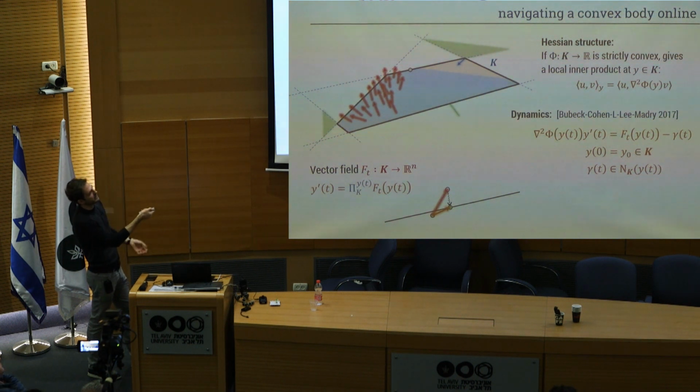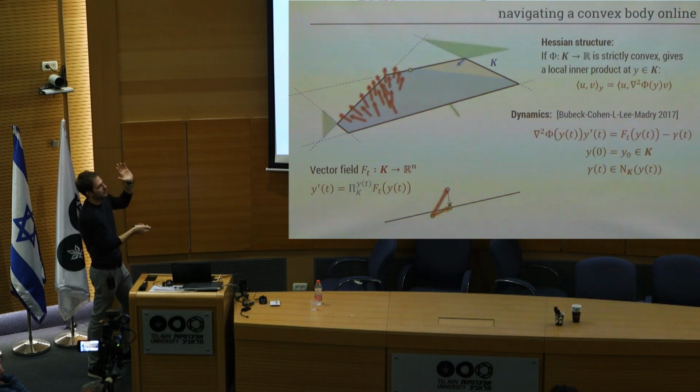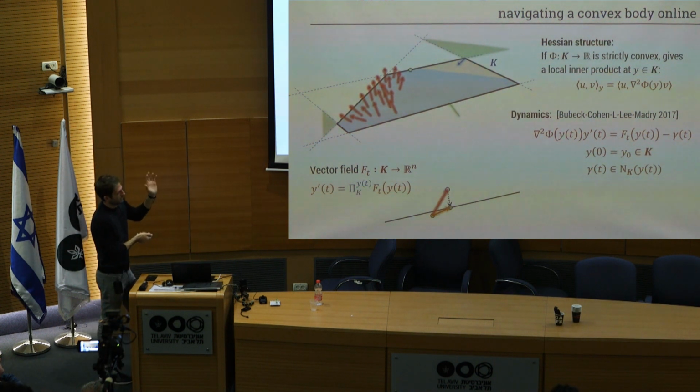You don't have to read this differential equation, but there's an explicit closed form for the dynamics, assuming some mild properties of your convex body and the function phi.